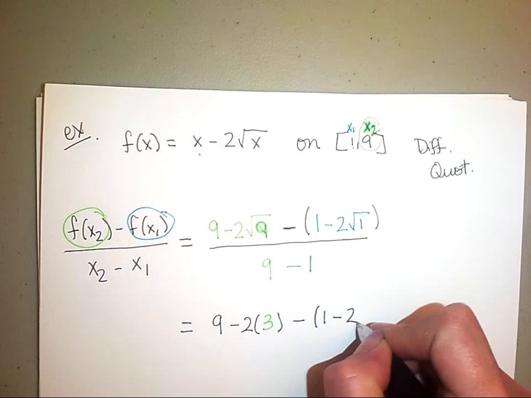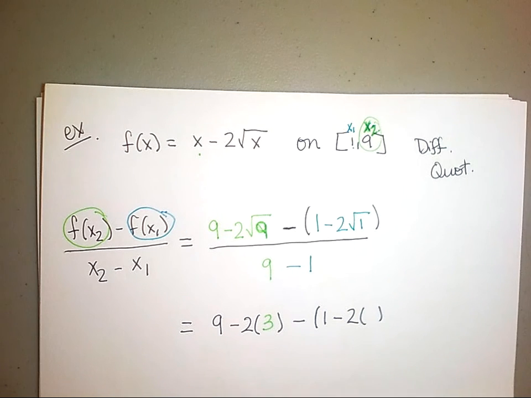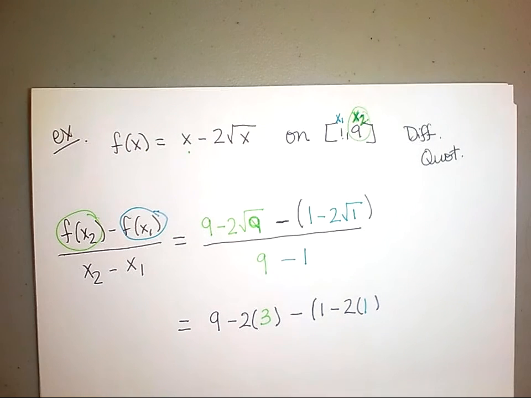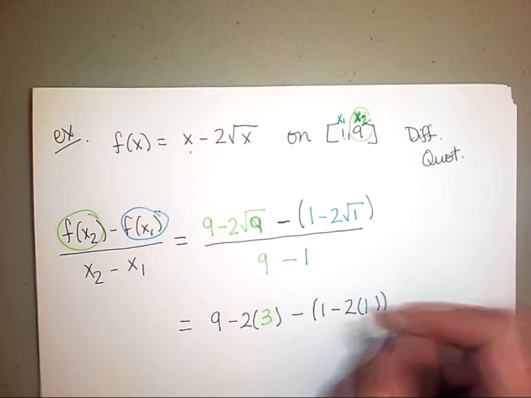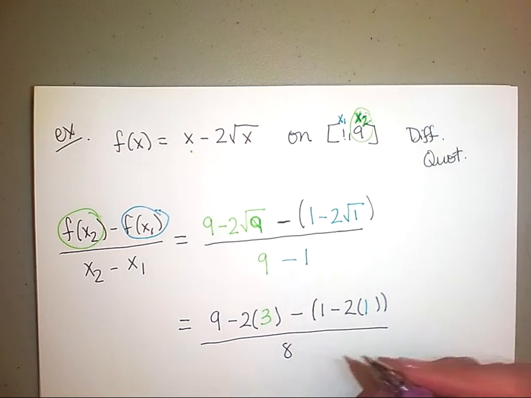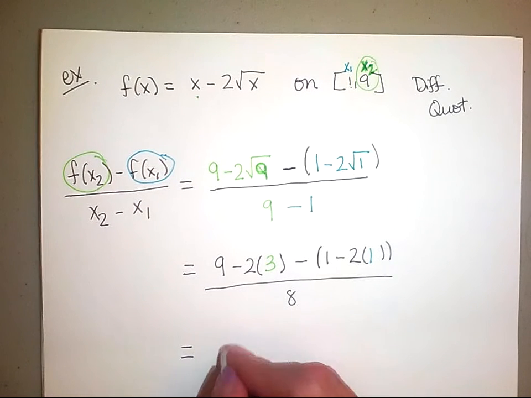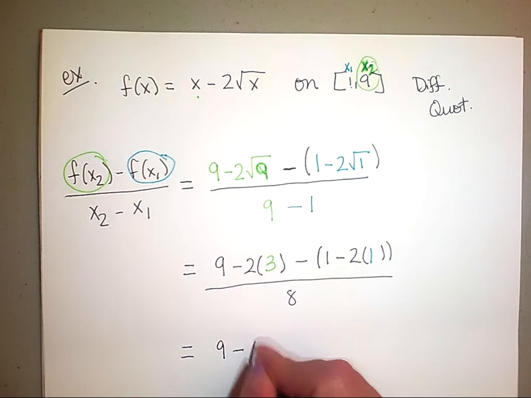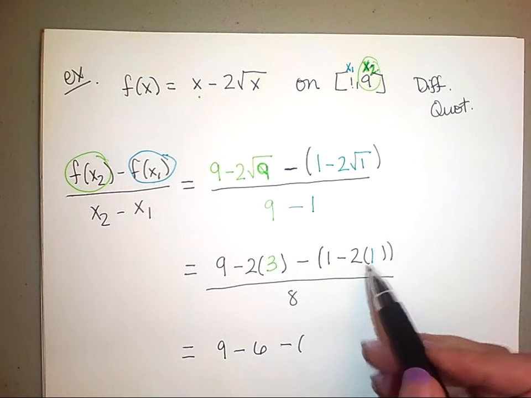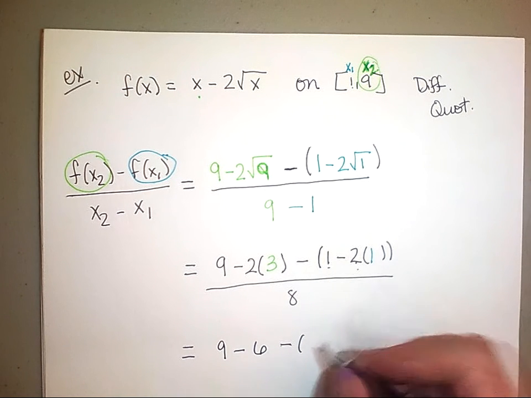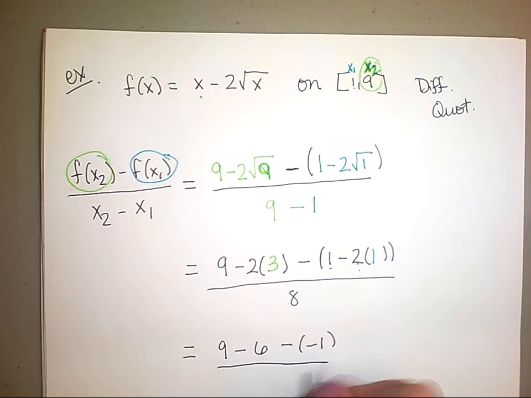Alright, now let's evaluate that. That becomes 9 minus 2 times, well, the square root of 9 is 3. Then we subtract off 1 minus 2, and the square root of 1 is 1, over 8.